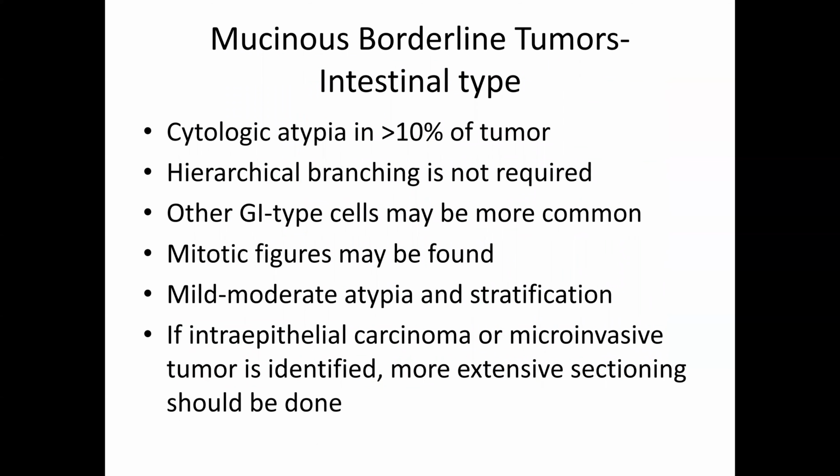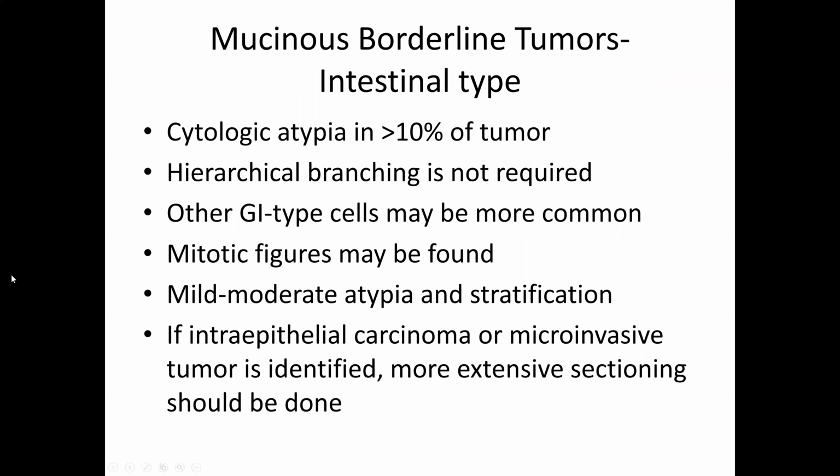So let's move and talk about one of the specific subtypes, the mucinous borderline tumor of the intestinal type. These are lesions which generally will have some degree of cytologic atypia. Doesn't have to be greater than 10%. It can be less than that. And it doesn't have to have hierarchical branching.